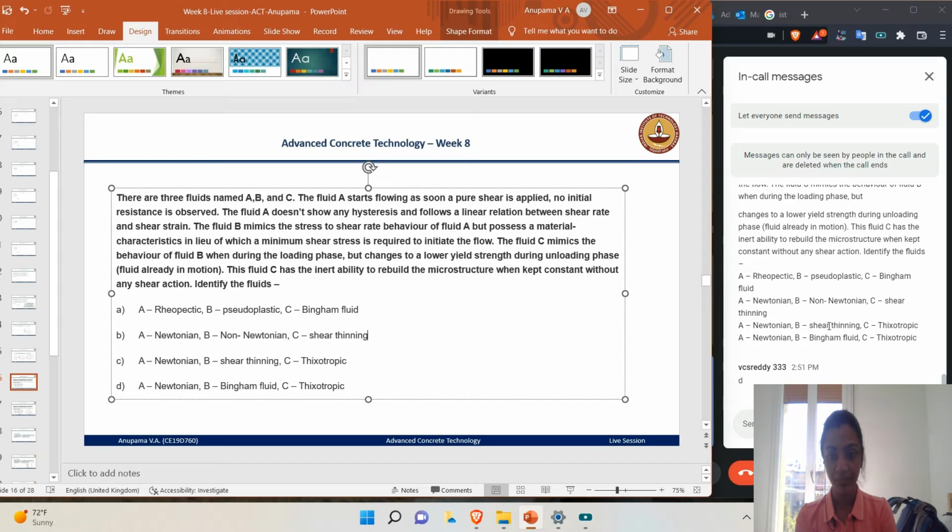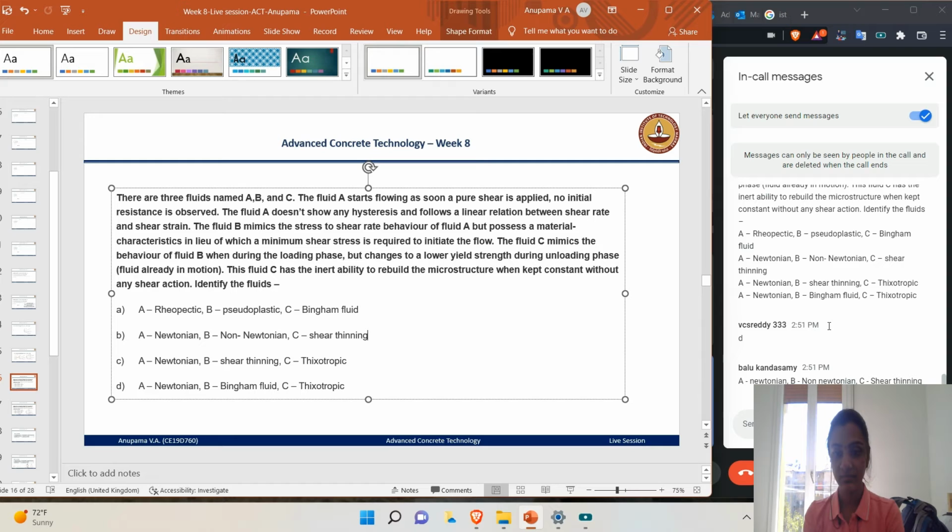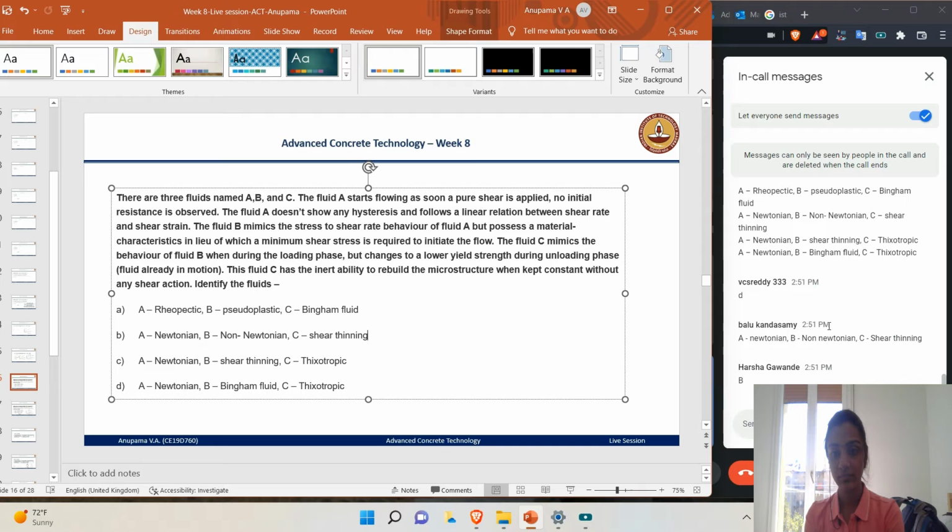Okay, so Reddy has commented that it is option D. Thank you for responding. Anyone else? Balu has commented that it is Newtonian, non-Newtonian, and shear thinning. Same goes with Harsha.